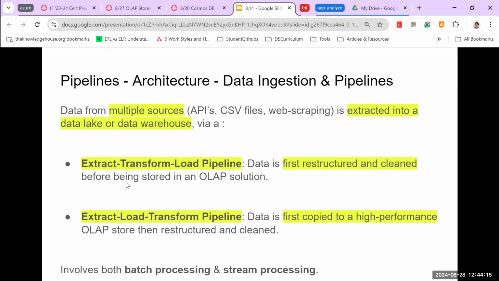Then you have your extract, load, transform pipeline, and the only difference is that instead of eventually loading your data into some sort of specialized system, you're first extracting your data from whatever resource, loading it into the analytical database, and then applying transformations while it's inside of the analytical database.